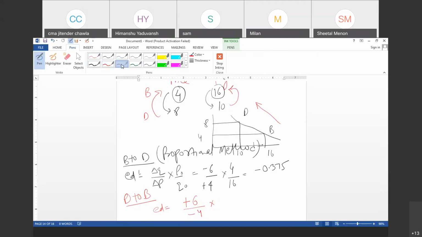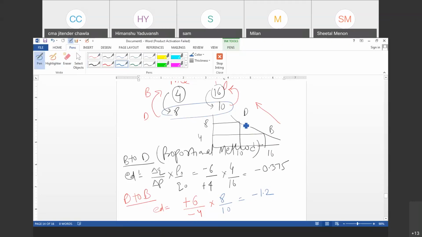This one is initial. Initial price is 4 divided by initial quantity 16. Now this is minus 1.2. Am I right?